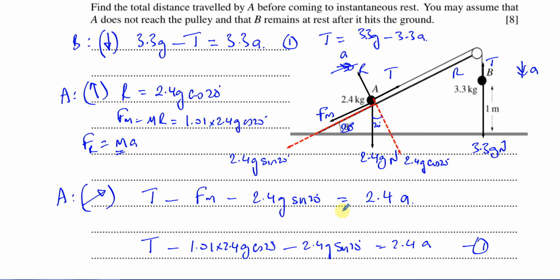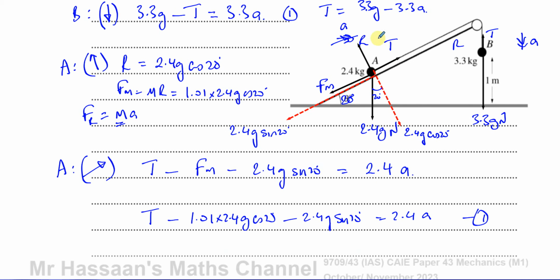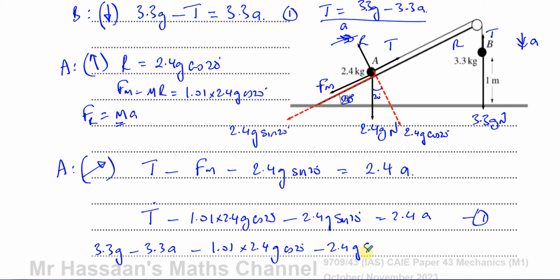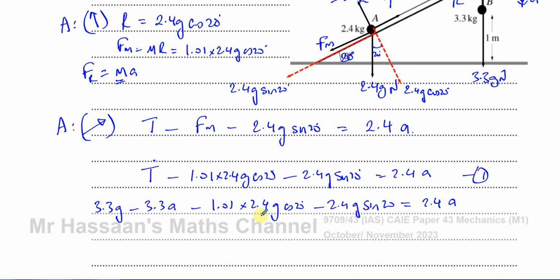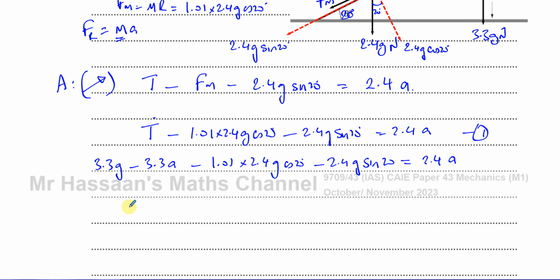So I have 3.3g minus 3.3A minus 1.01 times 2.4g cosine 20 minus 2.4g sine 20 is equal to 2.4A. Now I can bring the A's together. So I have 3.3g minus 1.01 times 2.4g cosine 20 minus 2.4g sine 20 is equal to 2.4 plus 3.3, that's going to be 5.7, A.